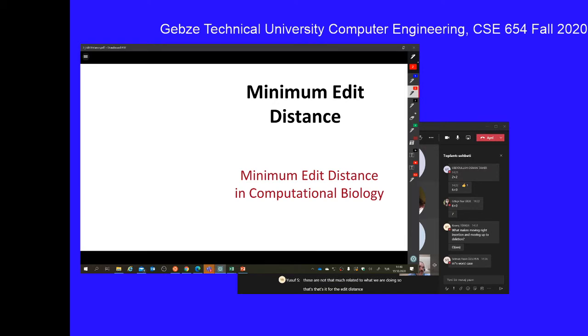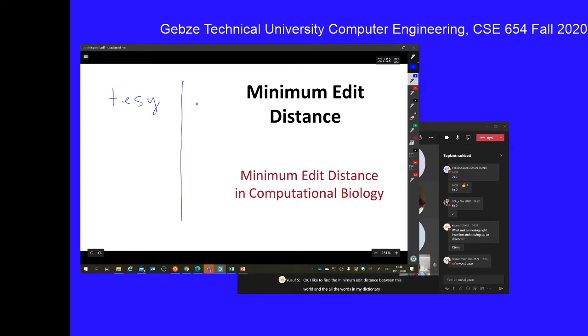Your homework number 1 will be about the edit distance. Start working on it. Let's say I typed a word, TSY, and I like to find the minimum edit distance between this word and all the words in my dictionary.